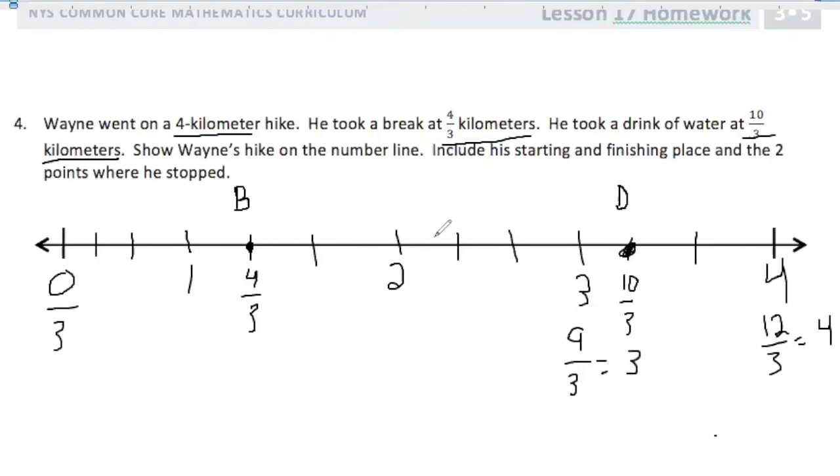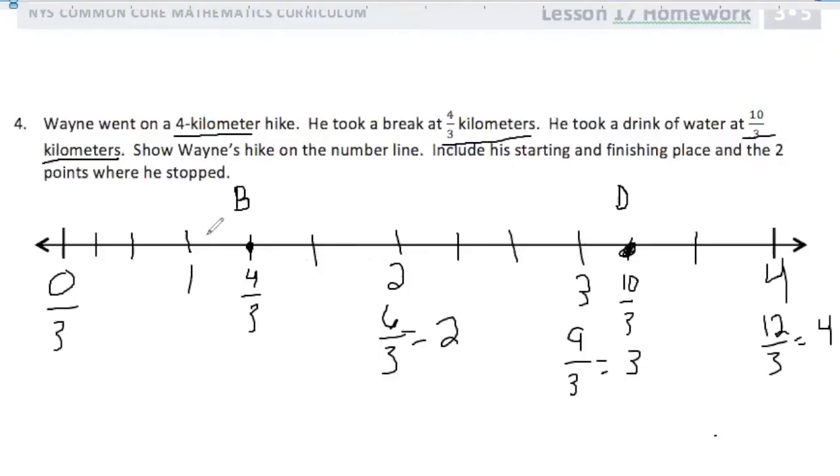And if you go back to 2 over here, which represents 2 kilometers, 2 holes, that's going to be 9/3, 8/3, 7/3, and 6/3. The reason we know that is because 6 divided by 3 is, you guessed it, 2. Okay, and then 1 over here is when you just stack them on top of each other. This is 4/3. This is going to be 3/3 because that is 3 out of 3 pieces.